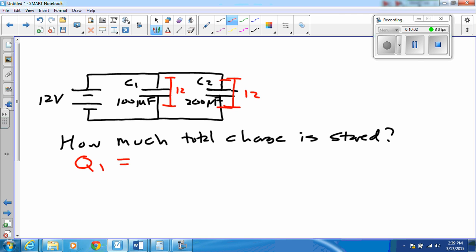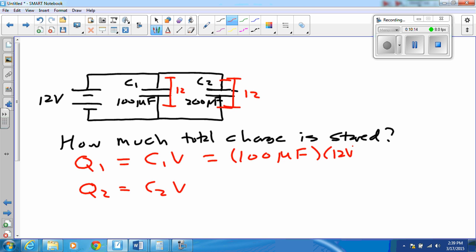And for each capacitor, Q equals CV, so Q1 equals C1V and Q2 equals C2V. That's 100 microfarads times 12 volts, and 200 microfarads times 12 volts.